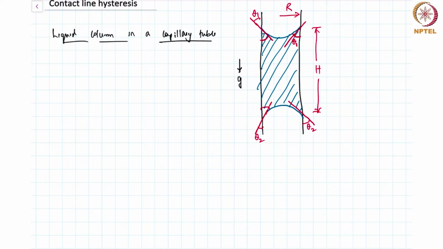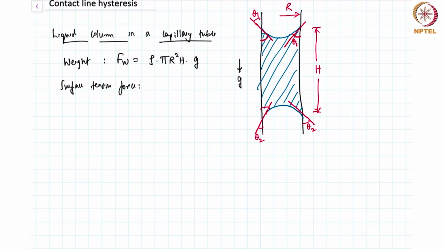Now, if you ask what the force balances on this problem are, they are as follows. You have the weight of the plug, we'll call it Fw, and this would be the density times the volume, pi r square times h, multiplied by g. That's the weight. And the surface tension force, Fs.